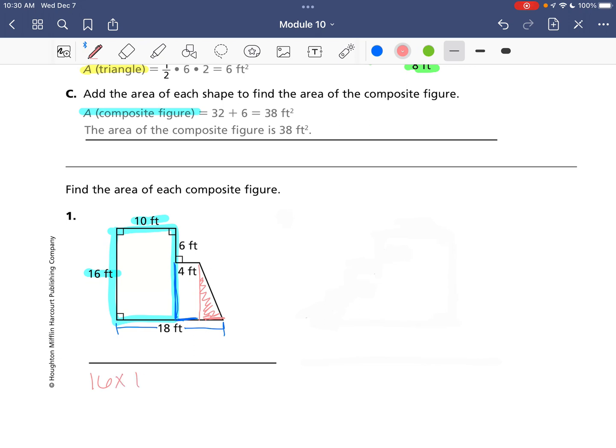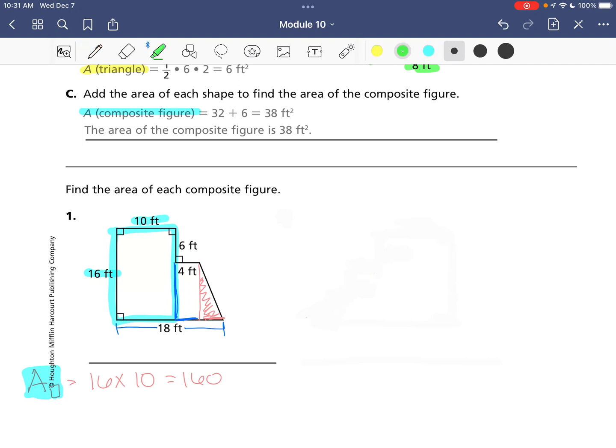So 16 times 10, this is the area of our rectangle. I'm gonna keep my colors all the same here. So area of our rectangle, that is gonna be what? 16 times 10 will give us 160.